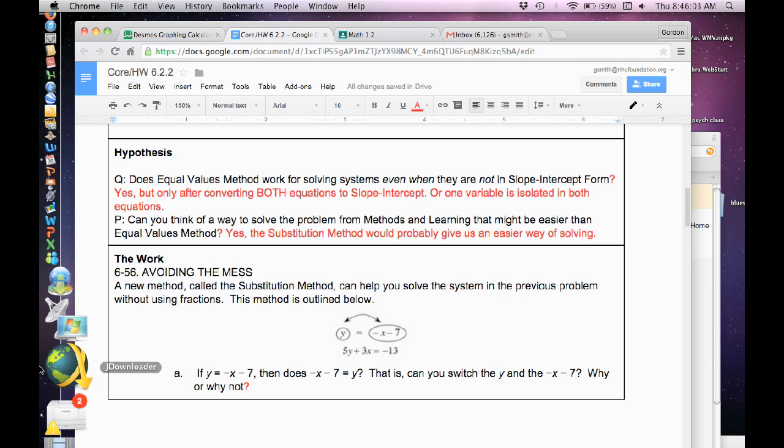That should be no surprise at all. That's the whole point of the substitution method. It works more efficiently than the equal values method in a lot of cases, especially when you have one equation in slope-intercept and one equation in standard.